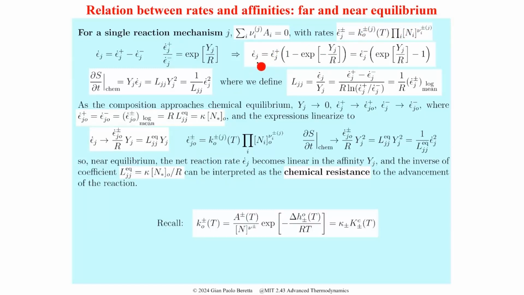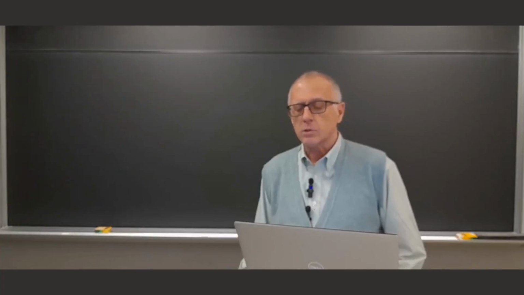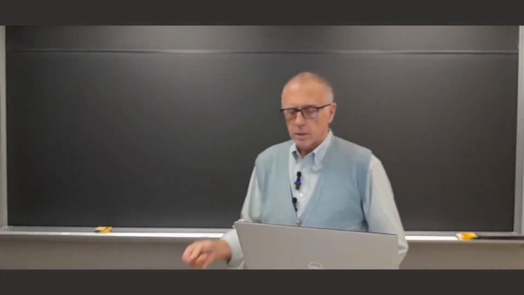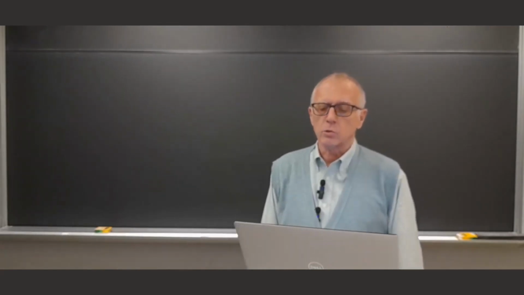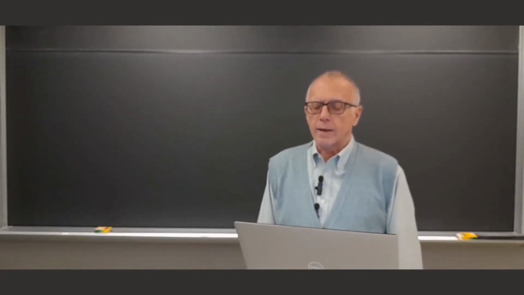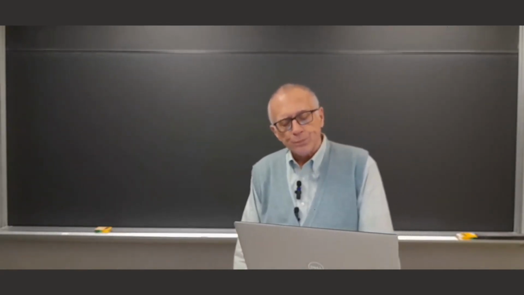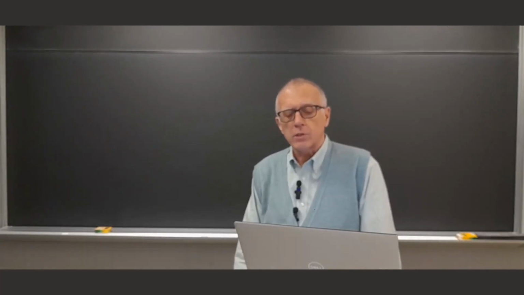So it is not correct to say that the reaction rates are functions of the affinity only. They're also functions of the other affinities. This is important because in a moment we will see that you may want to construct other relations between rates and affinities.